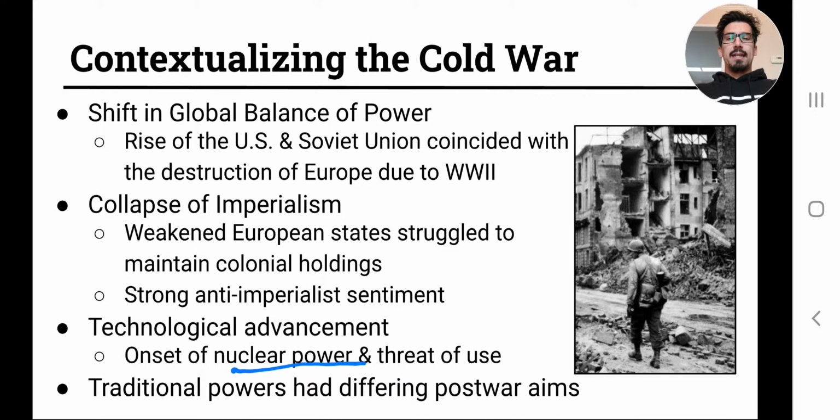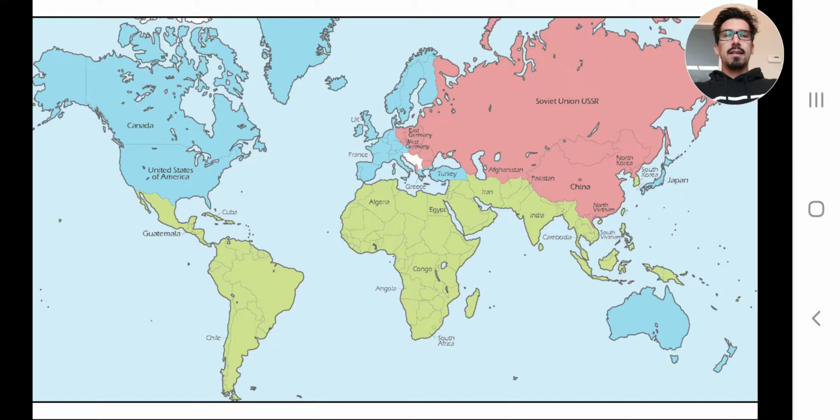And that really signals a new era of technological advancement and the ability for basically the entire human race to be destroyed if these weapons were used to a much larger degree. And then the next thing, a lot of the traditional powers had differing post-war aims, and that's really what we're going to key in on the next slide.